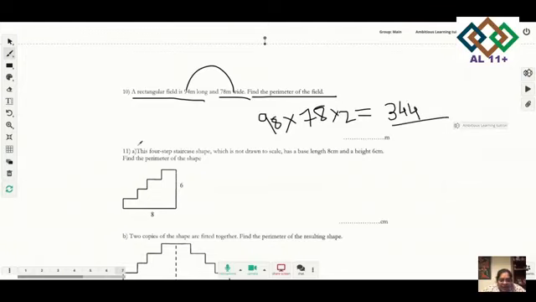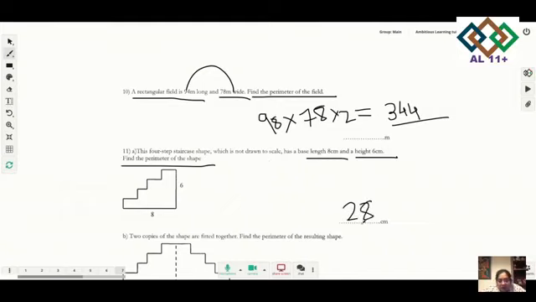So number 11 is, they are saying this 4-step staircase shape, which is not drawn to scale, has a length of 18 centimeters and a height of 6 centimeters. You need to find the perimeter of the shape. That's an easy one. The perimeter of the shape would be only 28.